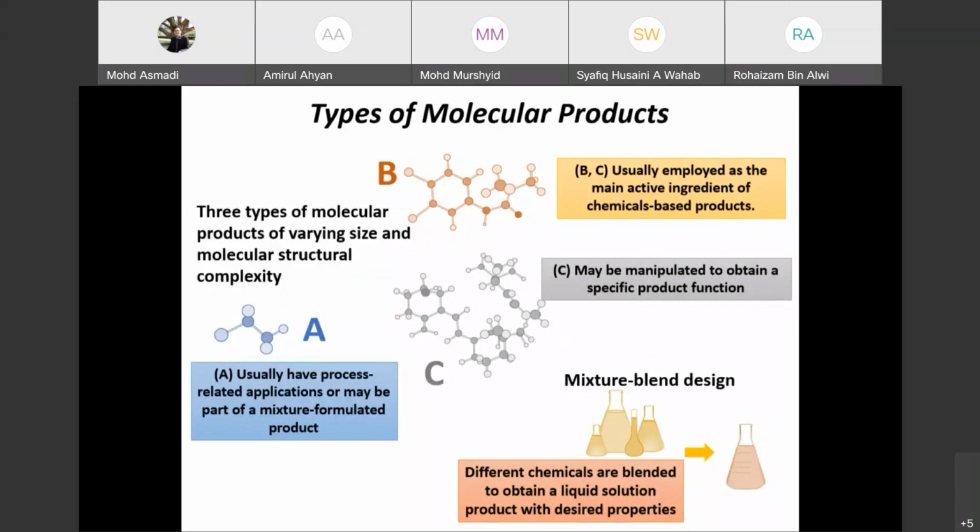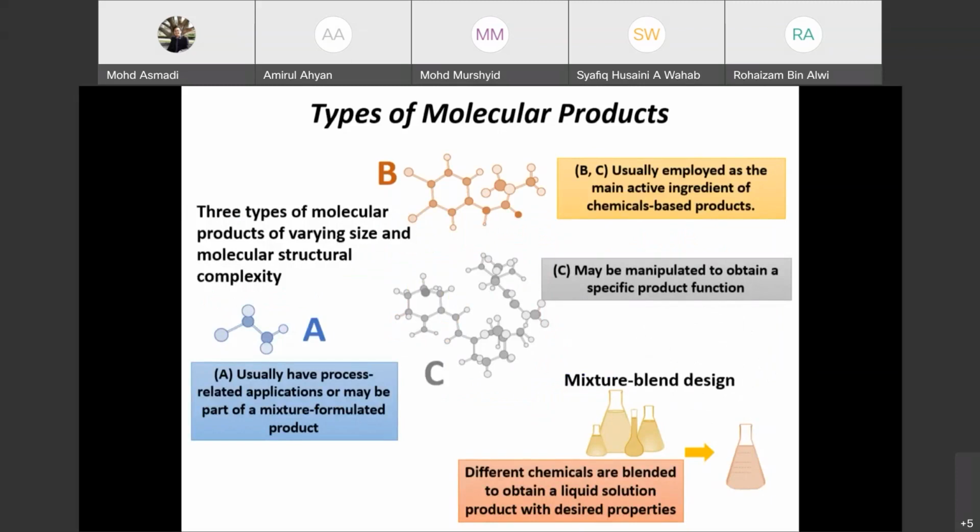Okay, so 3 types of molecular product of varying size and molecular structure complexity. Kalau tengok dekat sini, yang A is usually have a process related application or maybe part of the mission. Yang ni paling simple lah. Kalau yang B tu untuk active ingredients.